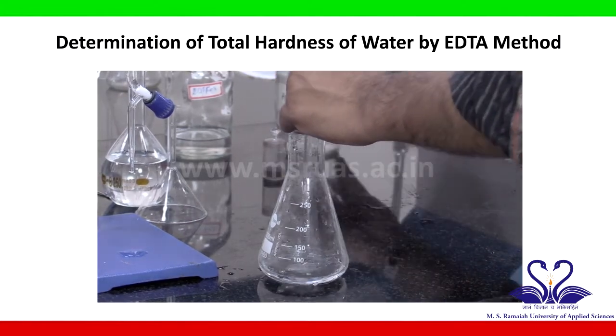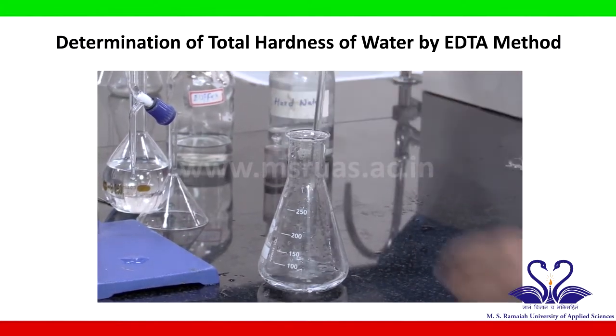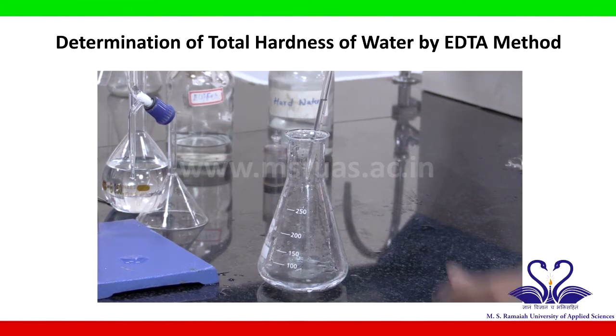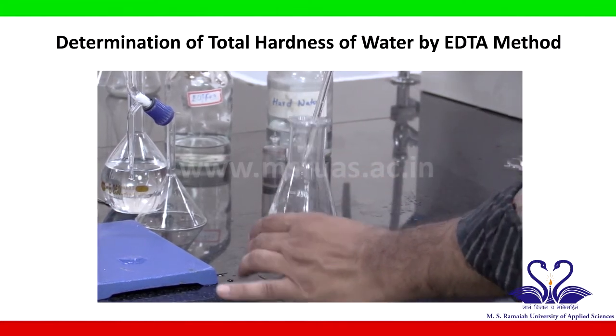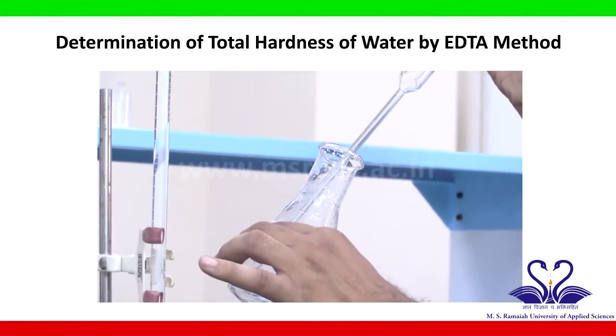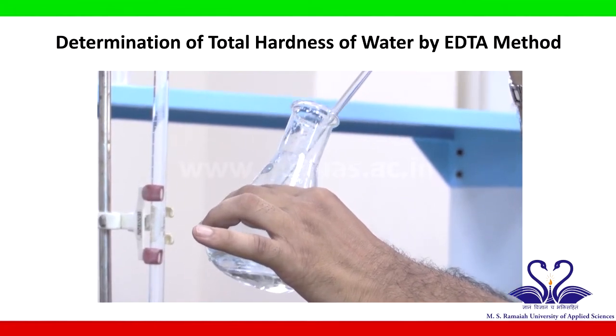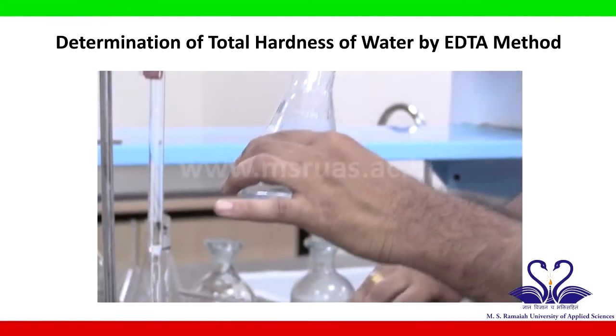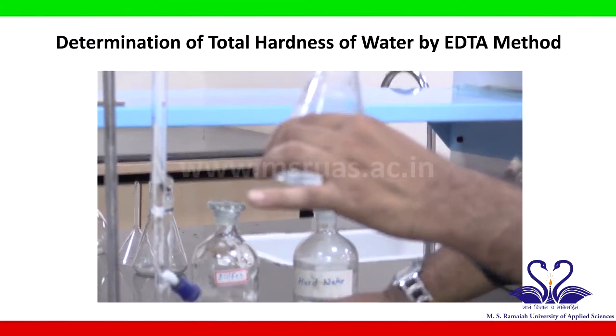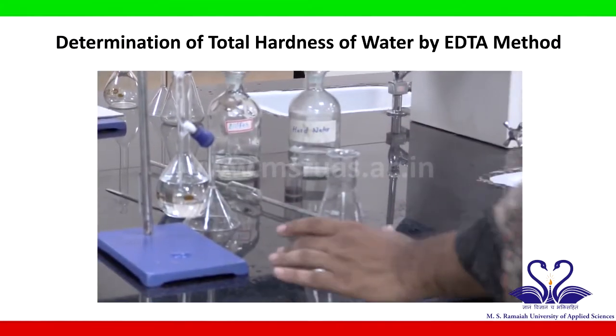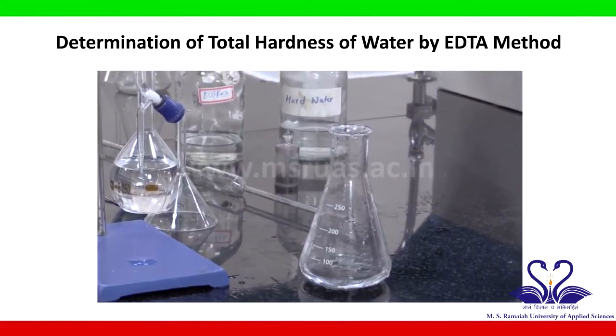We can keep the hard water sample there. To take the last few drops, which will not come so easily, you can touch it to the tip 3-4 times. So you have to maintain the pH of your hard water sample.